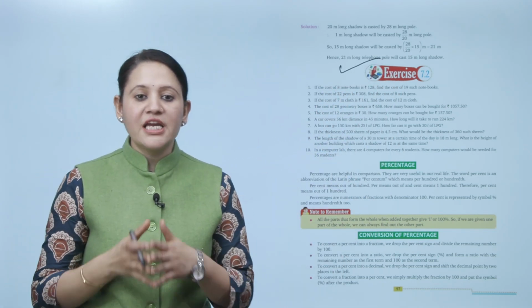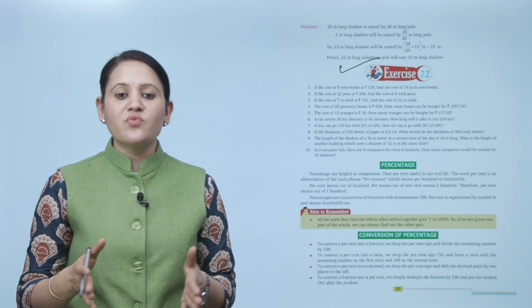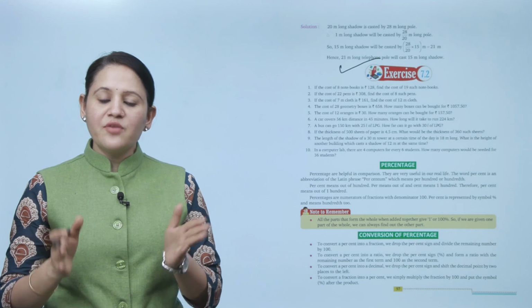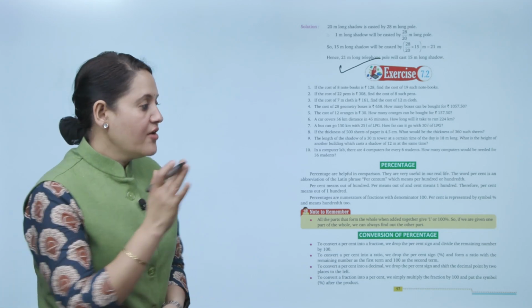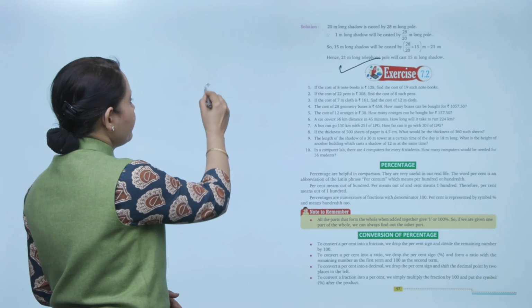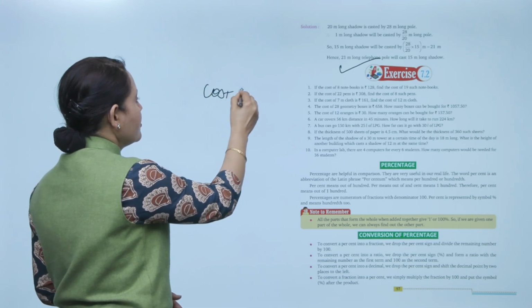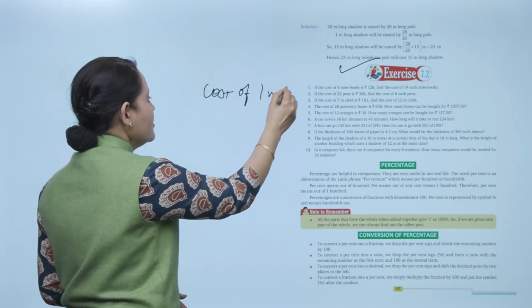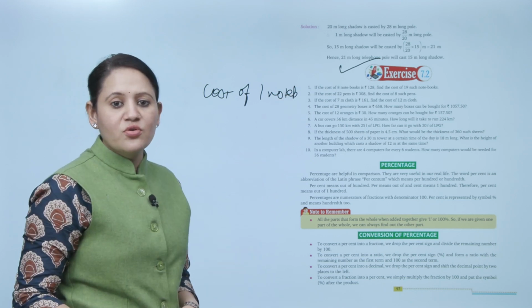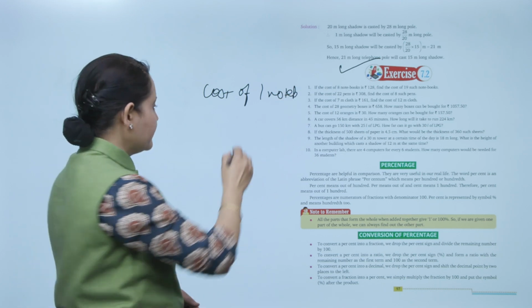If the cost of 8 notebooks is rupees 128, find the cost of 19 such notebooks. So here we have to use the unitary method. First we'll find the cost of one notebook. So cost of one notebook is equal to rupees 128 divided by 8.